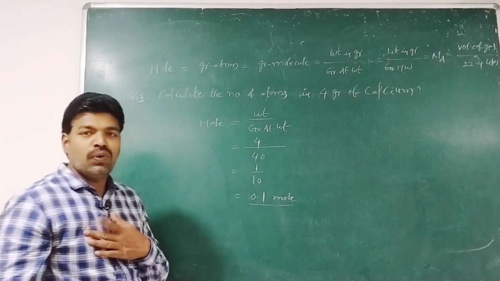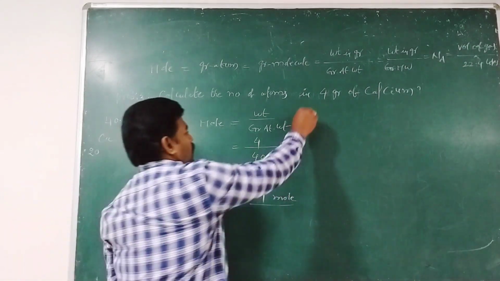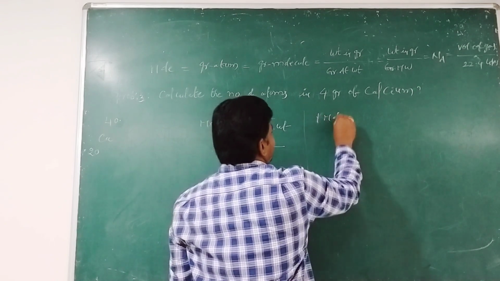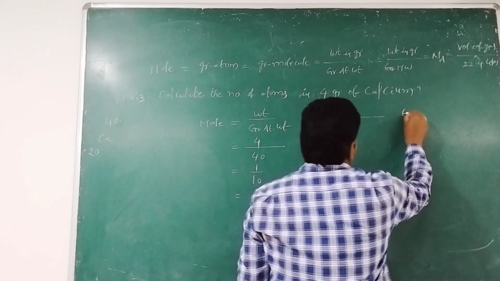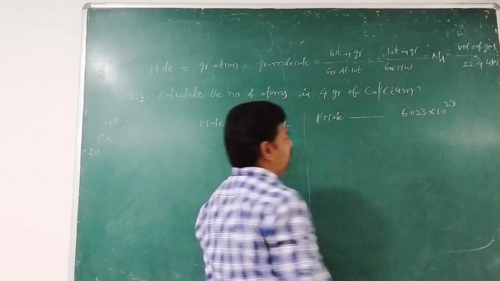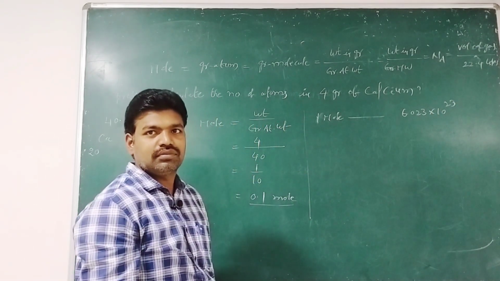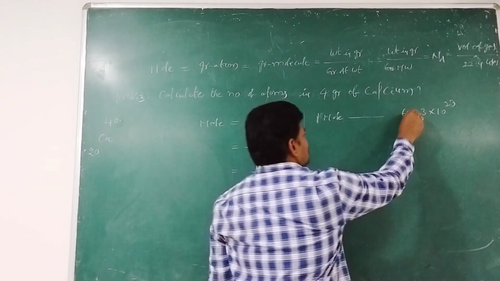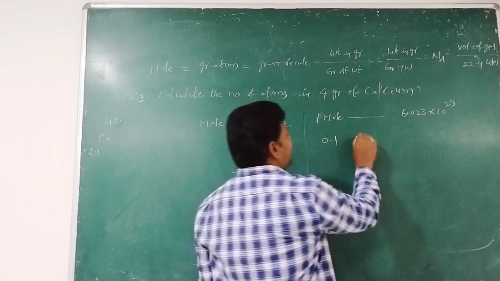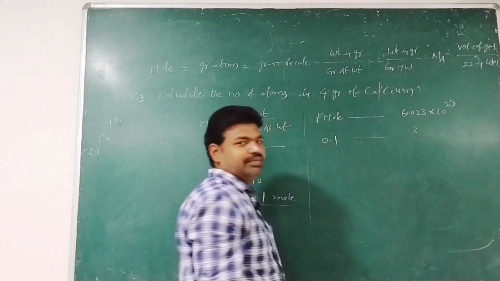We know 1 mole contains 6.023 into 10 to the power of 23 atoms. Then 0.1 mole contains how many atoms?